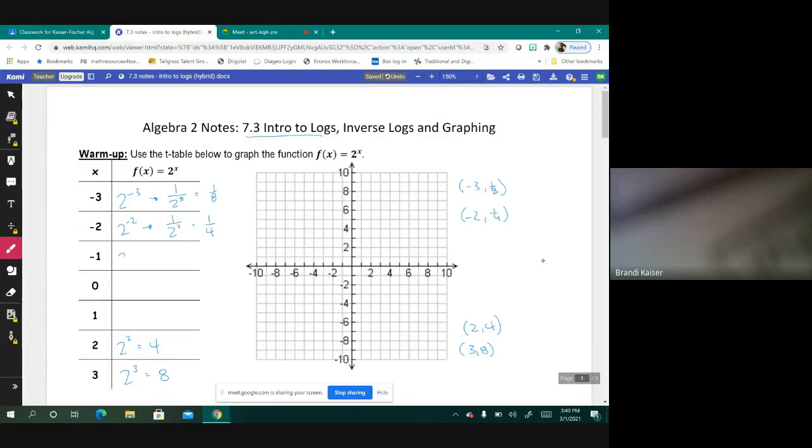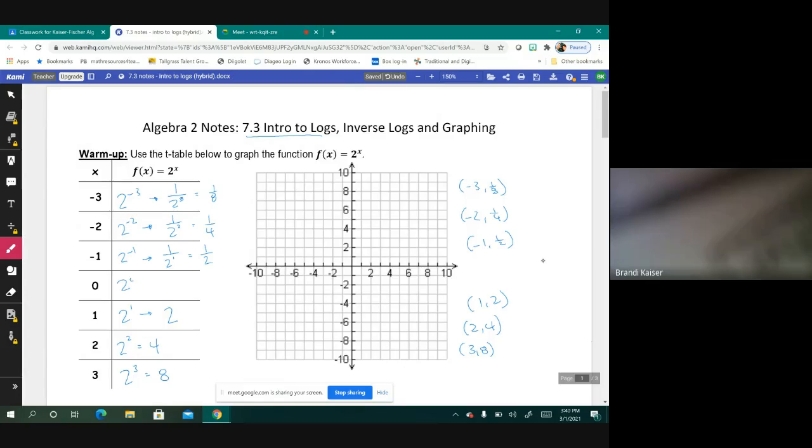The next one, 2 to the -1 power. If I change that into a fraction, it's 1 over 2 to the first. Well, 2 to the first is just 2, so 1/2. So our point would be -1, 1/2. 2 to the first power is just 2, so we also have the point 1, 2 to plot.